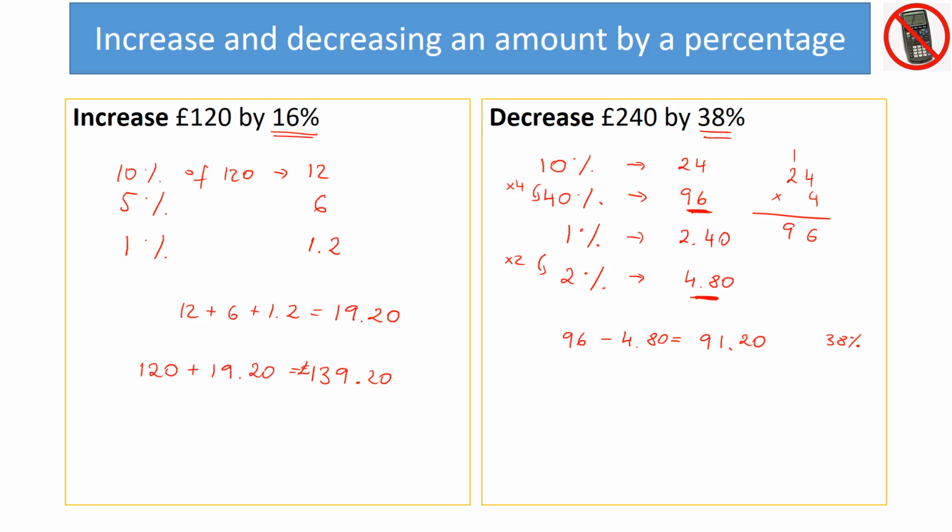I need to now remember to subtract it from the original amount. So that's 240 take away 91.20. And that is 148.80 pounds.